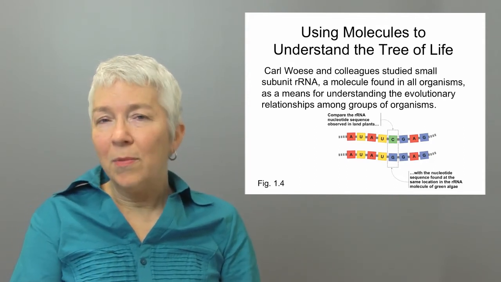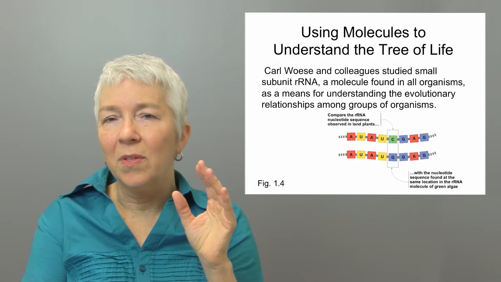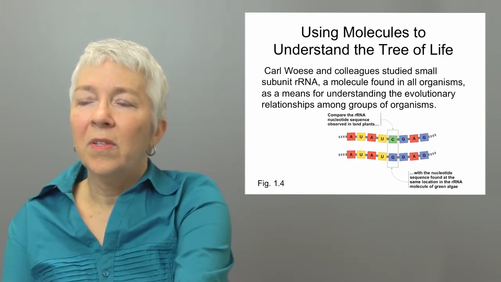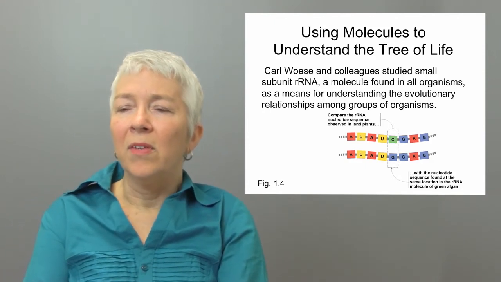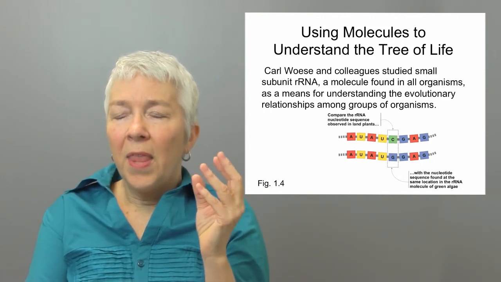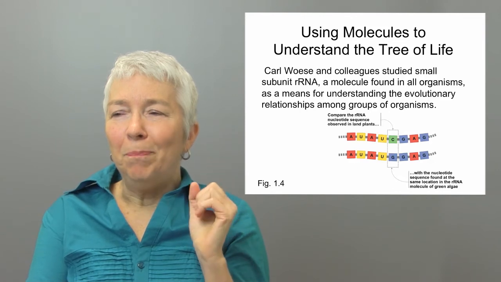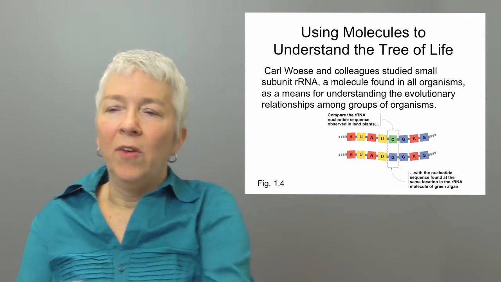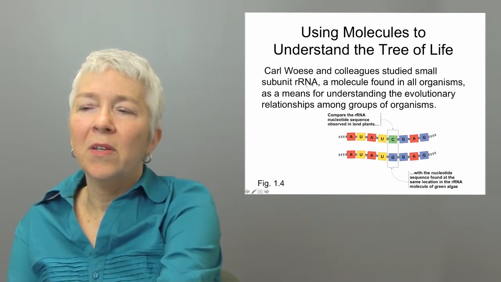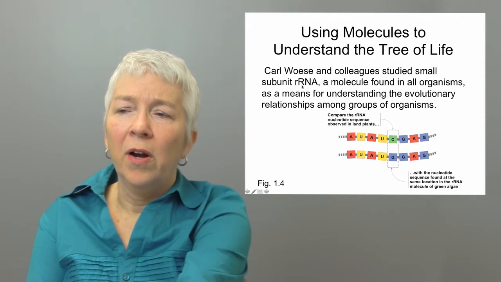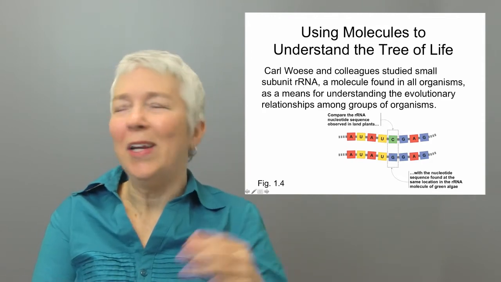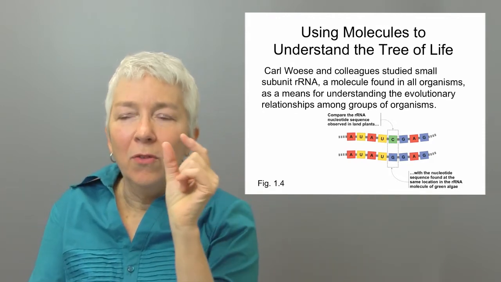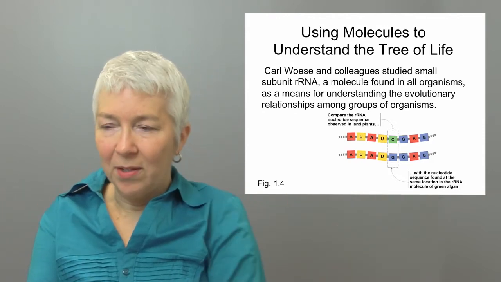And a tremendous breakthrough in understanding the relationships of the major groups of living organisms came from a set of studies done by Carl Woese and many of his colleagues, in which they studied a molecular characteristic which could be used for all living organisms, because they used a specific small subunit of ribosomal RNA, which was found in every single organism, from bacteria to the plants to the fungi to the animals. And this is something that could be used to compare all groups of organisms.